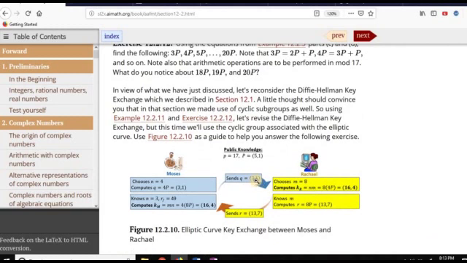This pair of numbers is a point on your elliptic curve, so your shared key is actually a pair of numbers. If you haven't read that, you can read through, but keep in mind that once you understand this elliptic curve group, the mechanics of the cryptography is the same. It's no different.